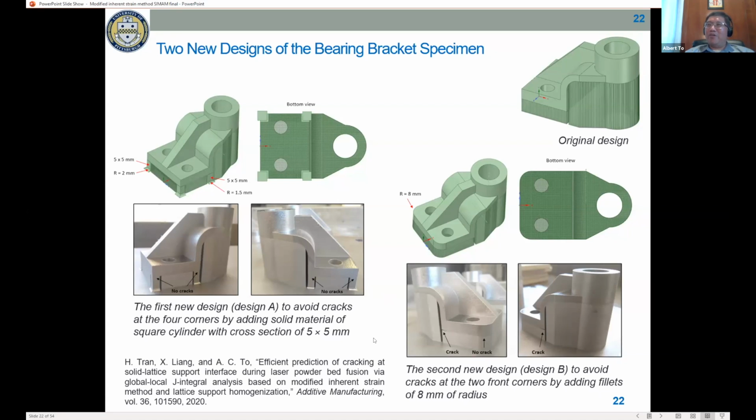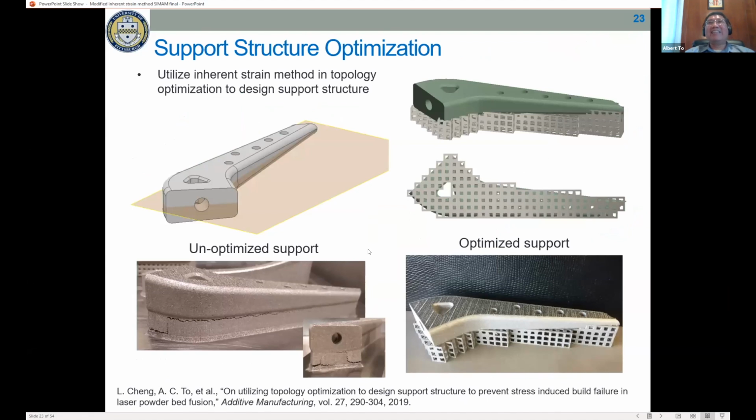They don't crack anymore. Another design was, instead of a sharp 90-degree corner, we put in a fillet and smoothed the corner to reduce the stress concentration. After we printed this out, we see no cracking anymore. But at the corner where we had cracking and made no change, it's still cracking. So we didn't do anything on that.